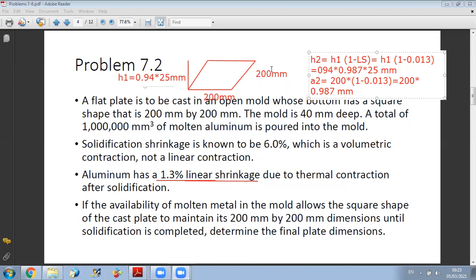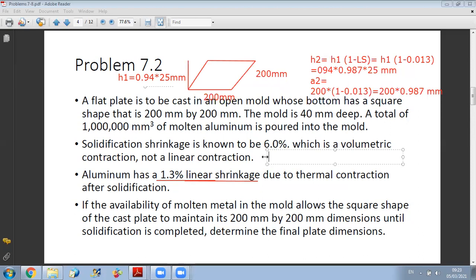Okay, so let us solve it here. The volumetric shrinkage during phase 2, if I want to calculate it, what is the definition of volumetric shrinkage during phase 2?